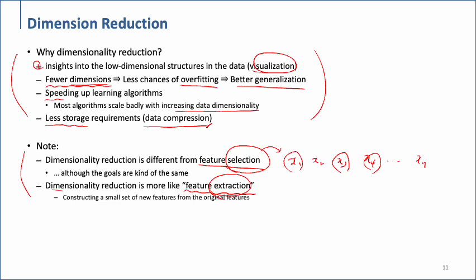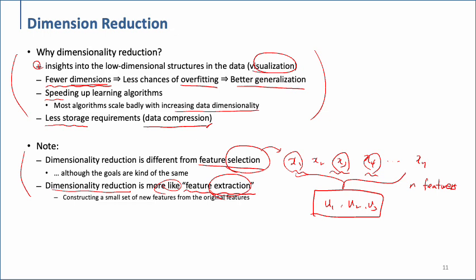Instead, dimension reduction is more like feature extraction. That means from these n features, you can extract some important correlated data like U1, U2, and U3 based on these x features.